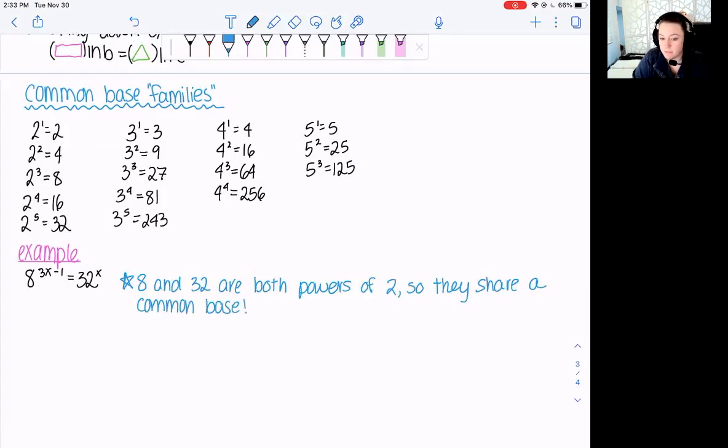Because they share a common base, we're going to rewrite each of them with the common base and then set the exponents equal.